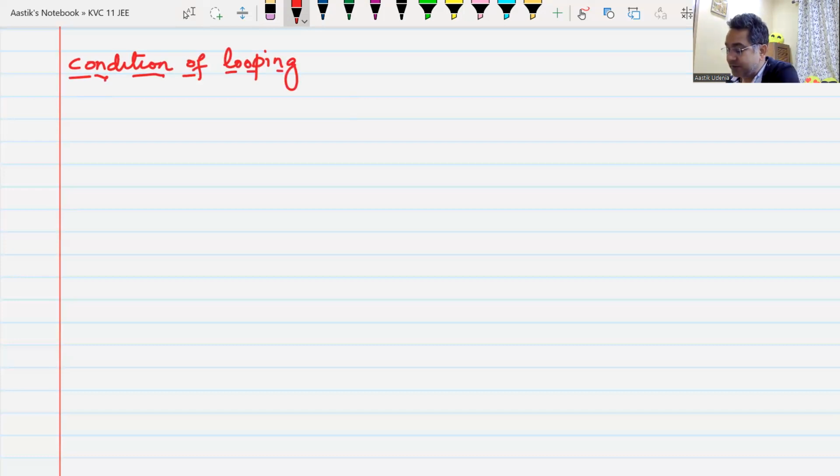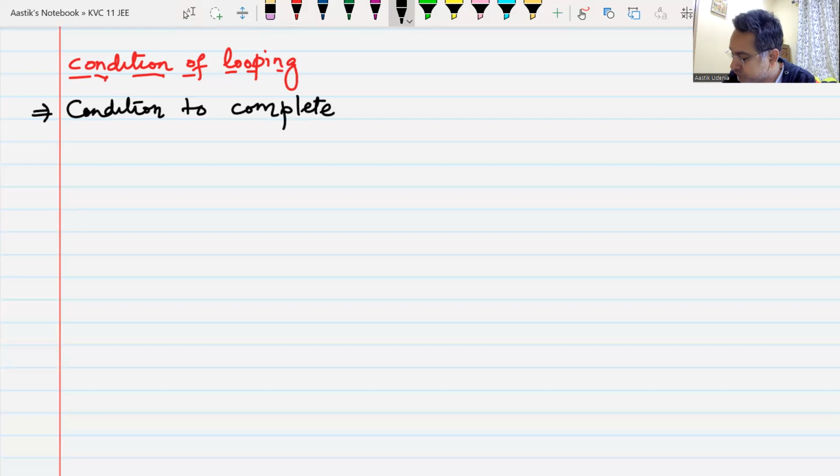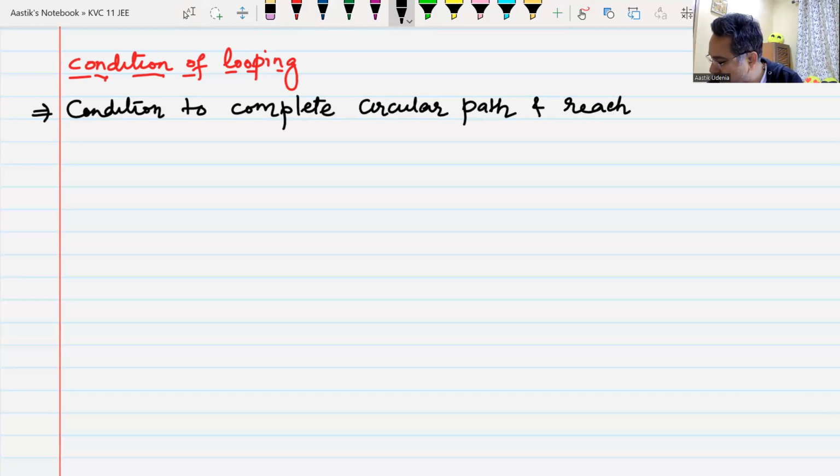Looping means the condition to complete the circular path and reach the highest point C. That is what we call the condition of looping. We have to complete the circular path and reach till point C.